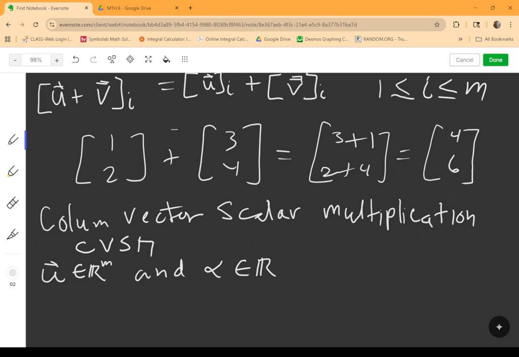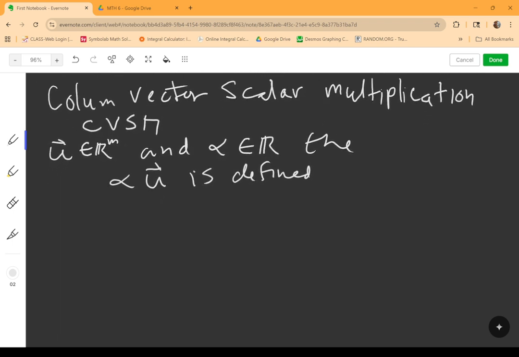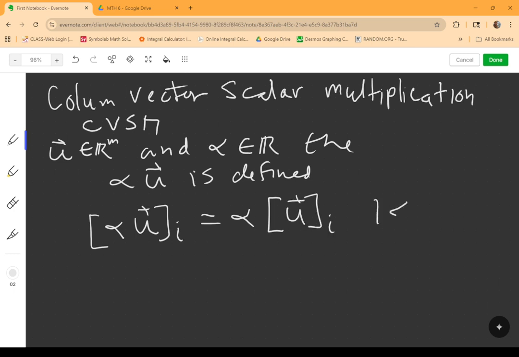Then we define alpha times the vector u, for i between 1 and m.